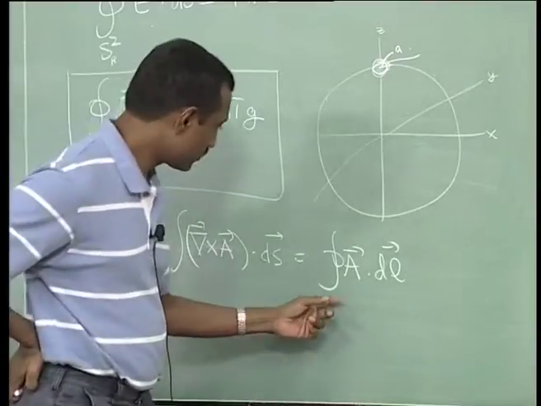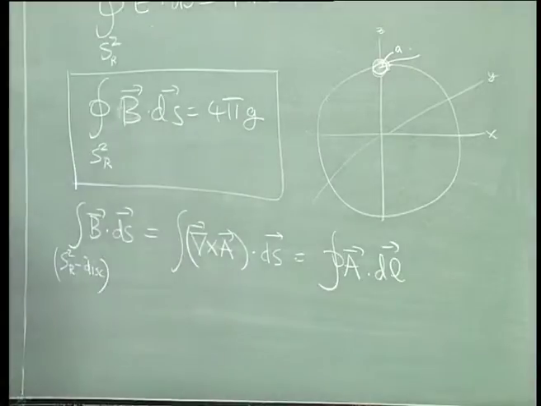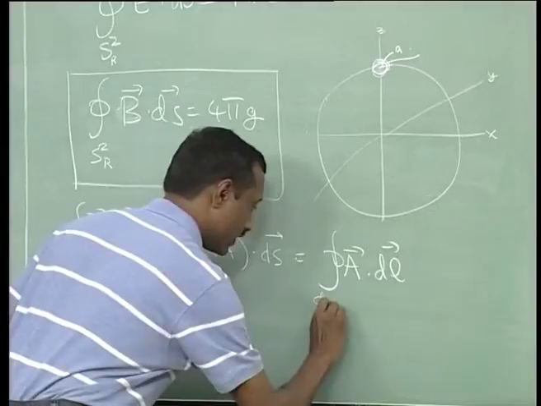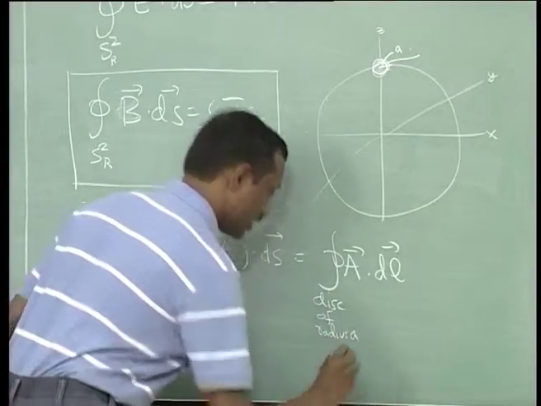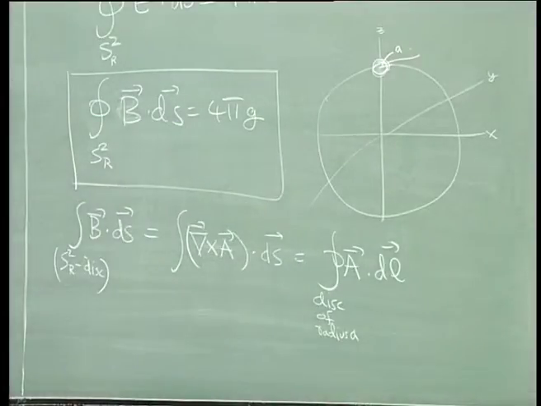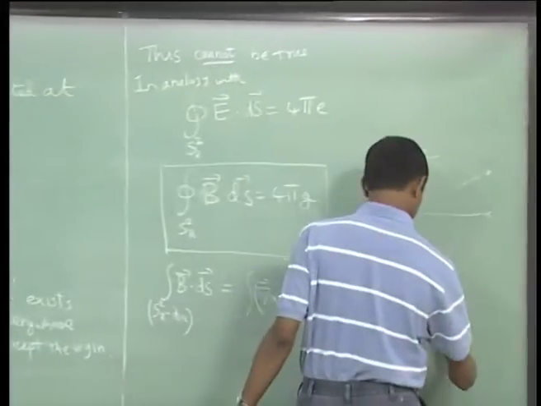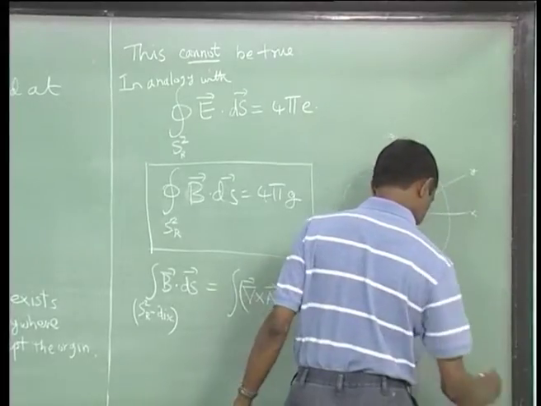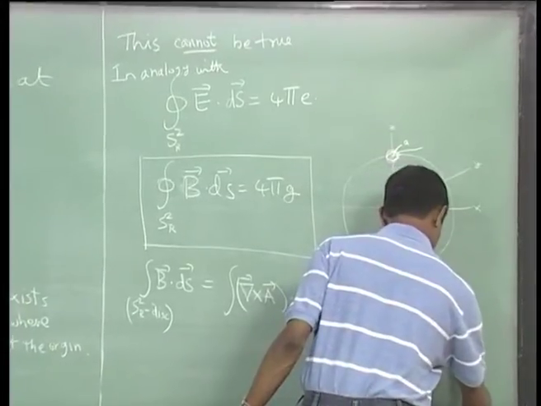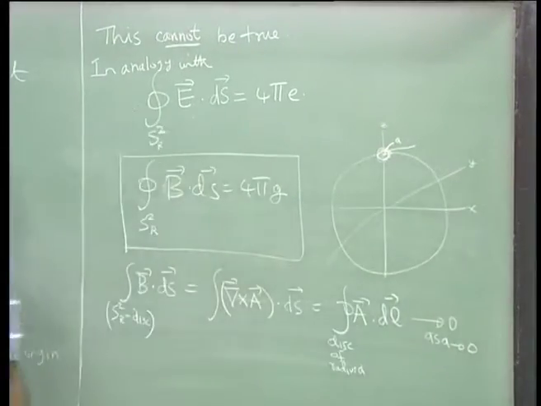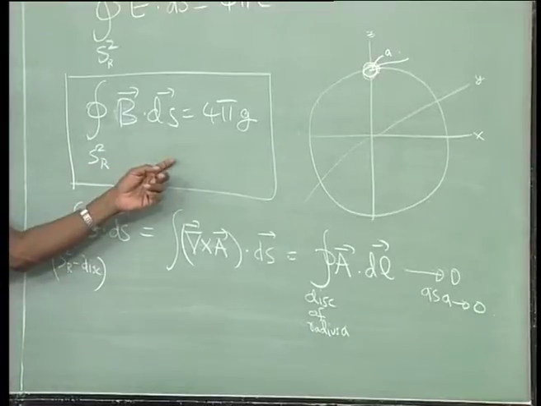Now the idea is that I take the radius of the disk, so this is over a disk of radius a, and in principle if I take the disk to become smaller and smaller, in the limit of a going to 0 we would expect this thing to vanish, to be zero, as this conflicts with what we have just written out here.